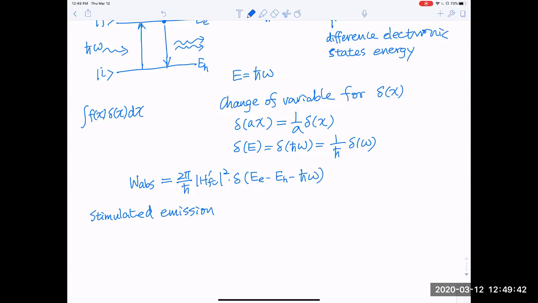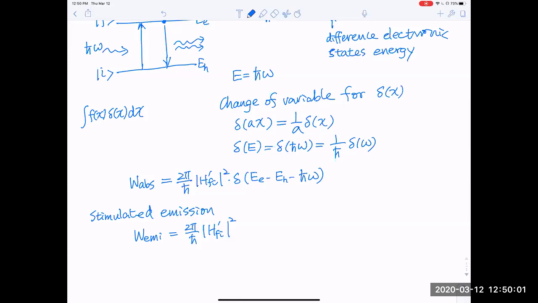So the emission process is basically the same, 2 pi over h bar, with the matrix element H_FI squared.